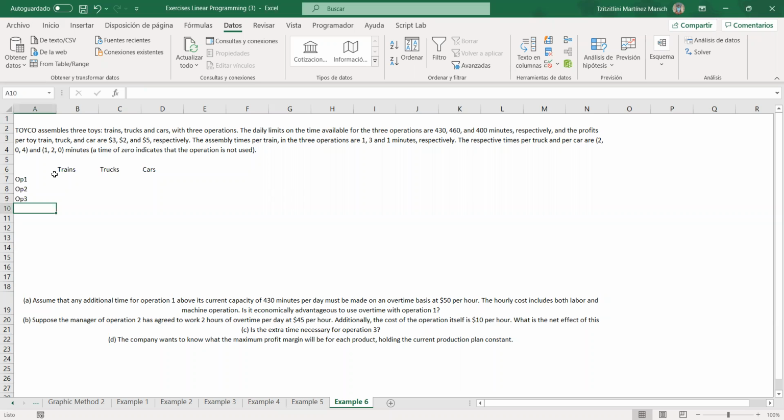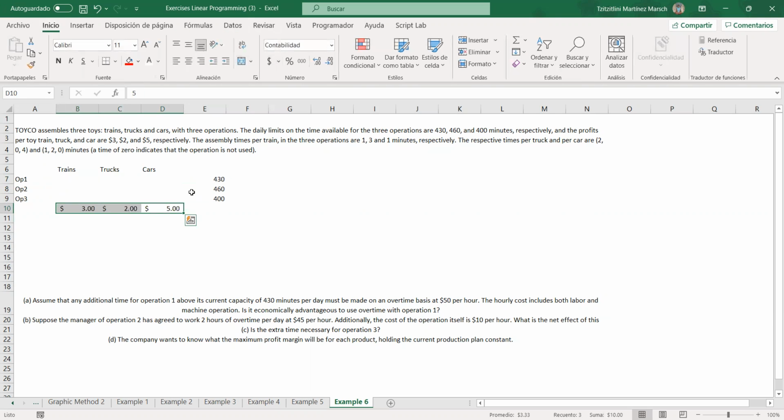Okay, available for three operations, and the time limit that we have for operation one is 430, 460 minutes, and 400 minutes, respectively. The profits per toy truck is, we're going to get the profit for $3, $2, and $5. Okay, so I'm going to put this in money.